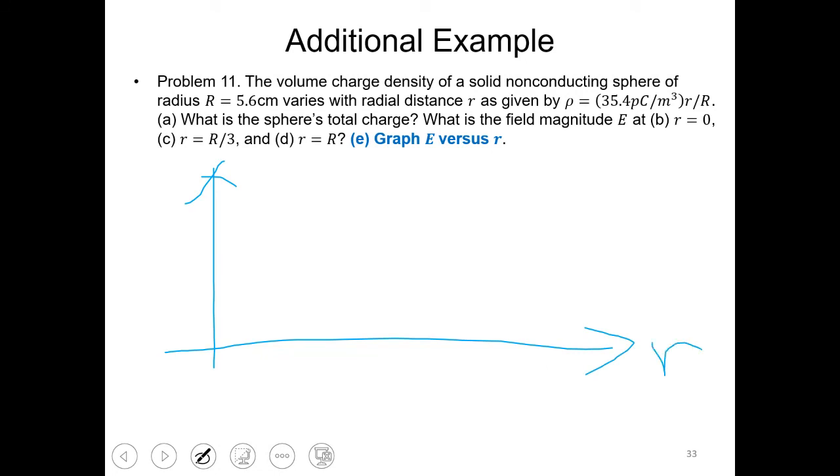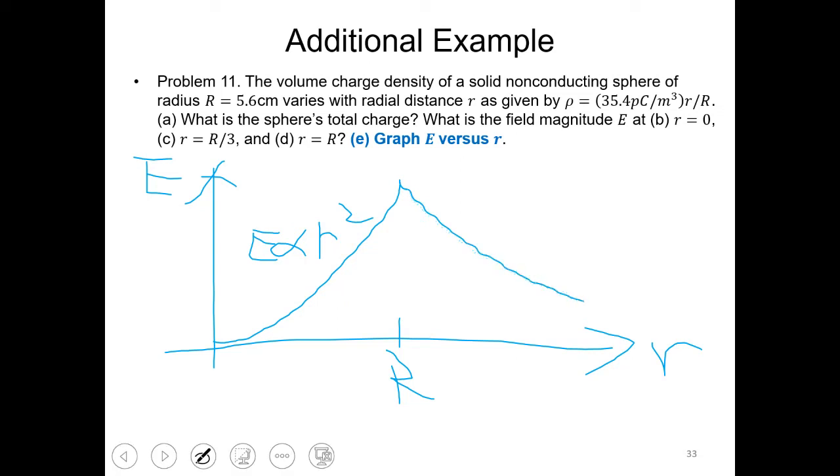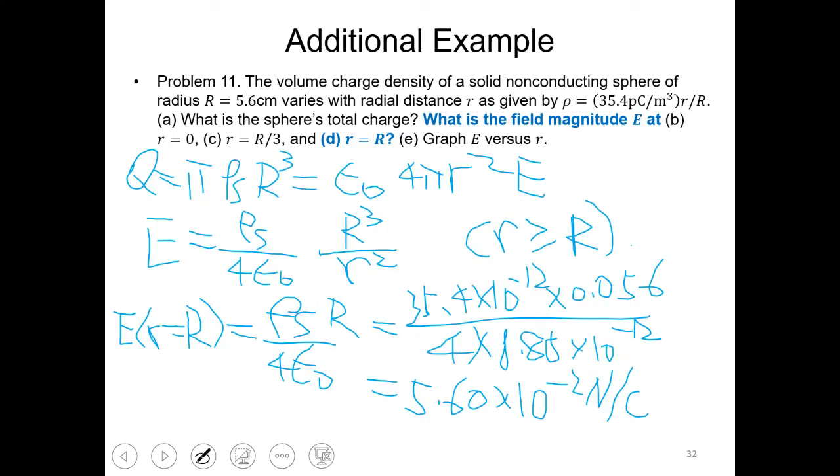This is r, this is E. Sorry, E is proportional to r squared inside, and still inversely proportional to r squared outside.